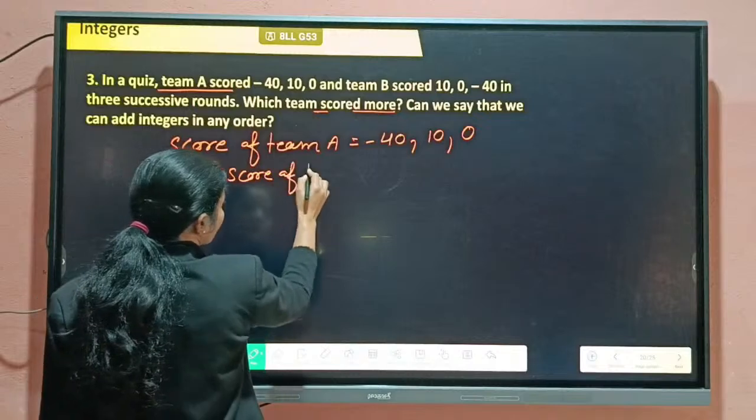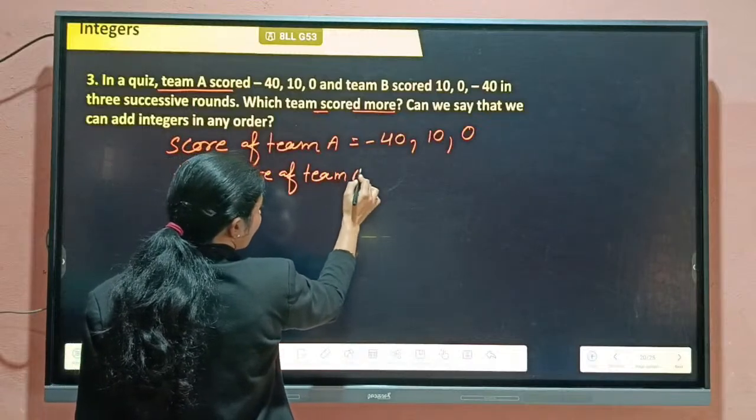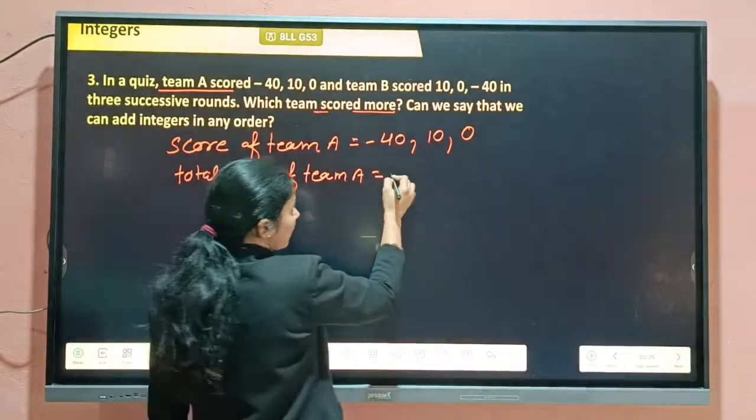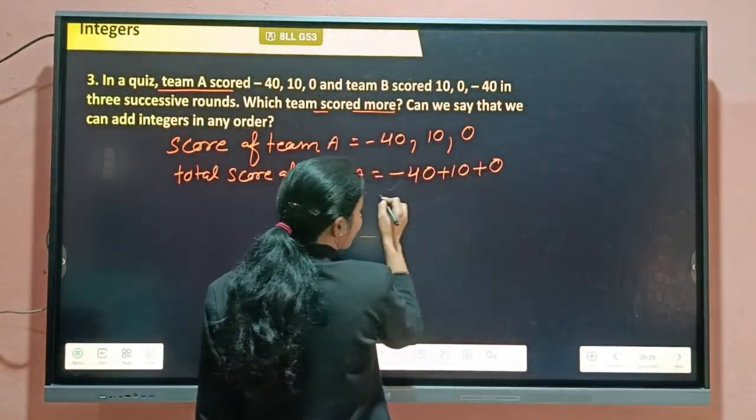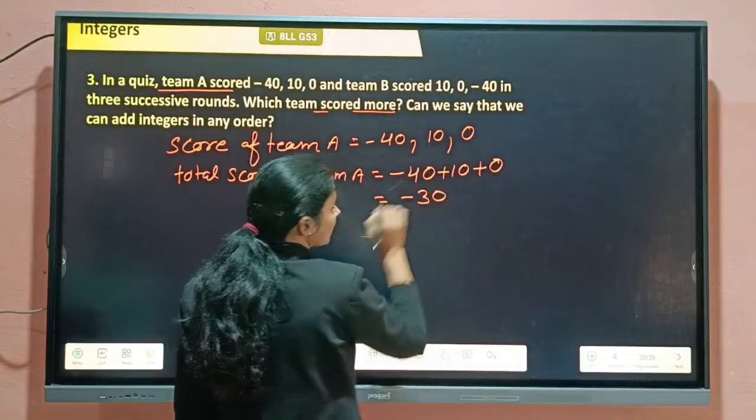What is the total score of team A? Minus 40 plus 10 plus 0. It will be minus 30.